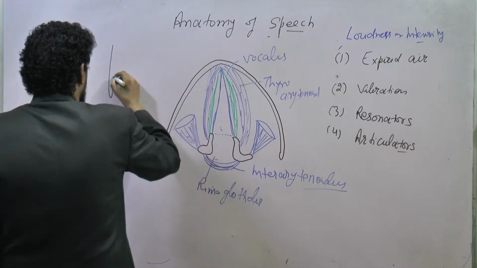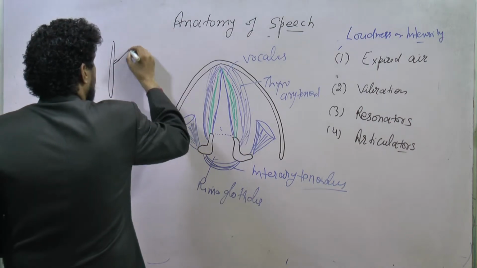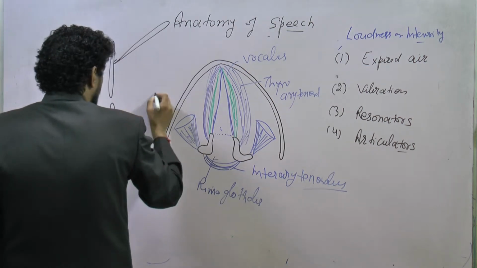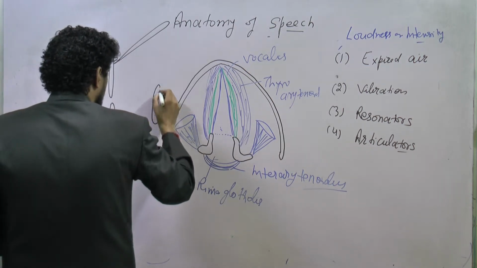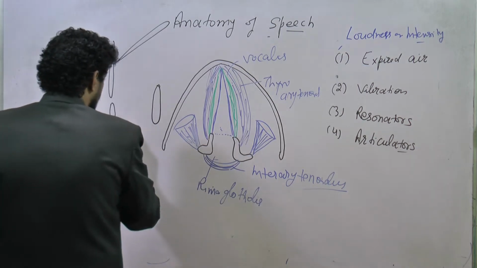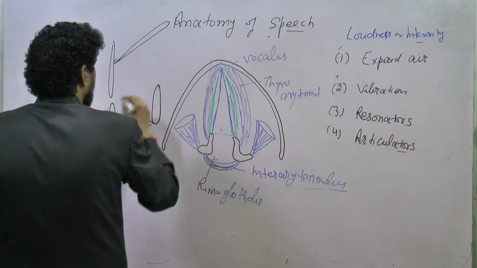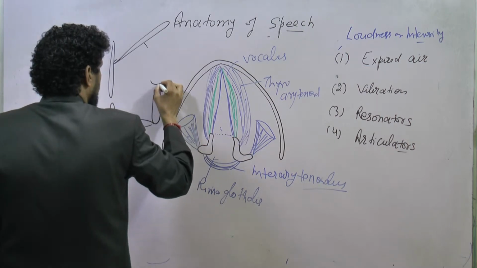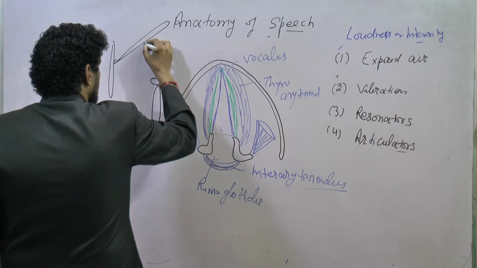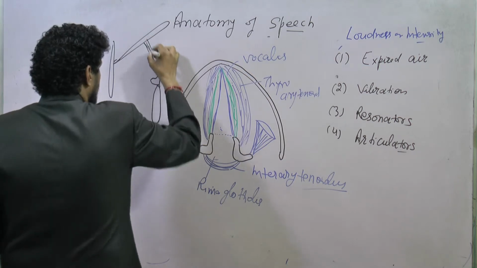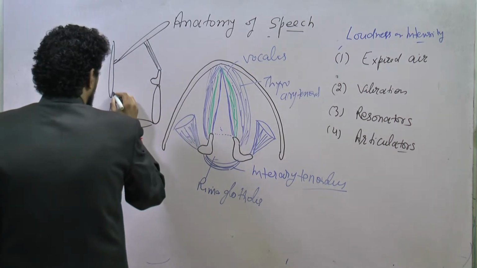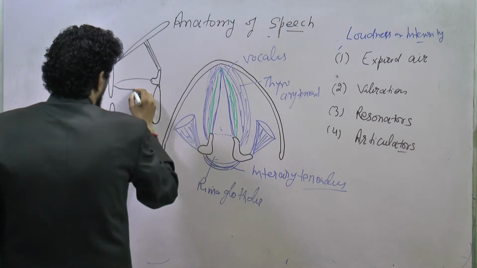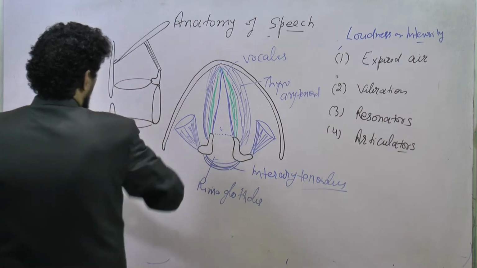This is the thyroid cartilage, the epiglottic cartilage, the lamina of the cricoid and the arch of the cricoid, and this is the arytenoid cartilage. So this is the laryngeal inlet, and this is the site of the vocal cord.